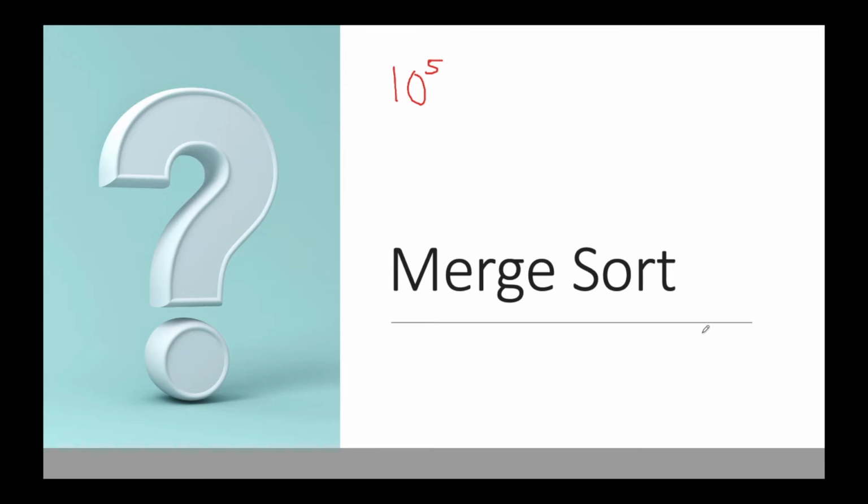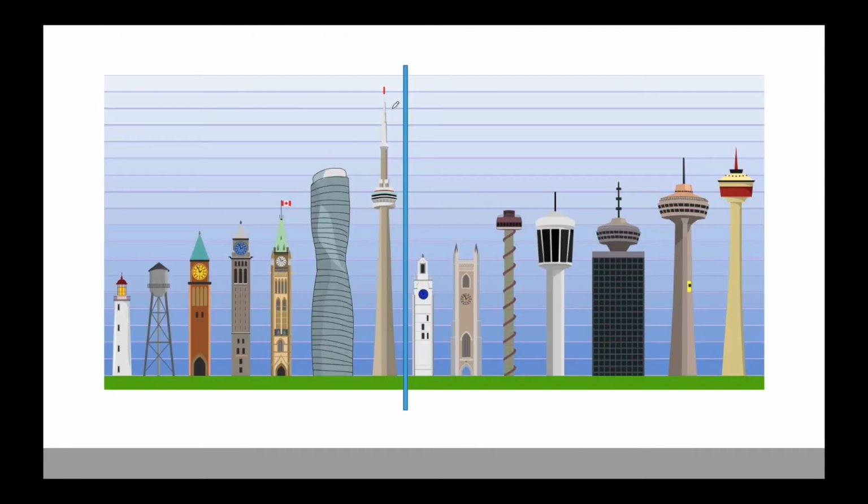Now, in this question, this is effectively the last step of a merge sort. It's merging two fully sorted arrays that are sorted from smallest to largest, and we're merging them together to find the 10th shortest item. Now, there's 14 elements, or 14 towers, and we're looking for the 10th shortest.